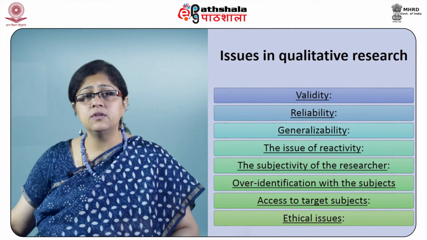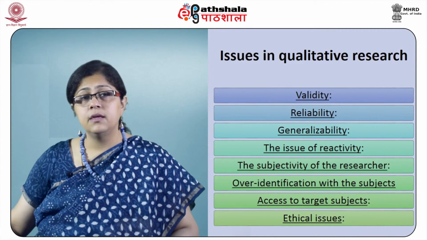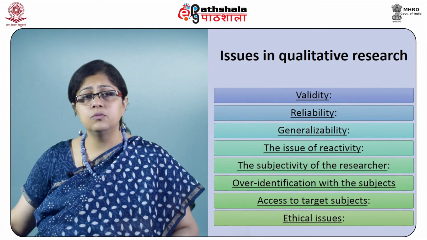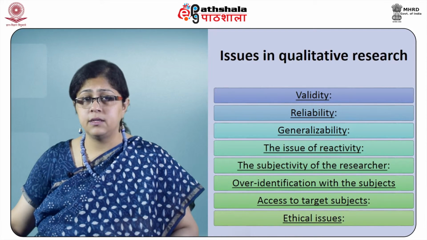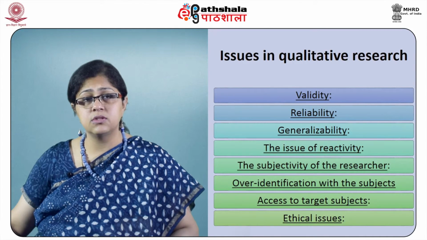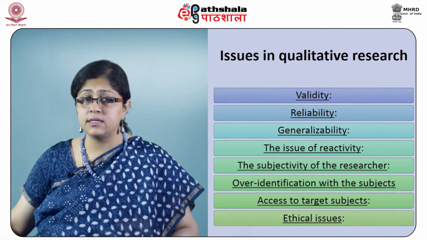The replicability of studies is also poor. Generalizability. Implications from a study of few cases can never be generalized to human behavior per se. But many researchers feel that since the goal of qualitative research is to describe a specific group in detail and to explain the patterns that exist, the question of generalizability itself should not be raised.